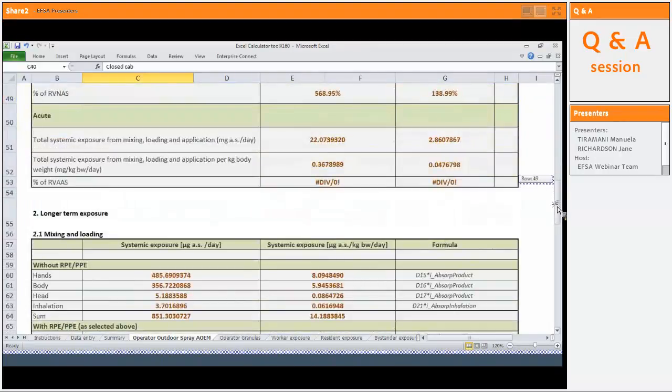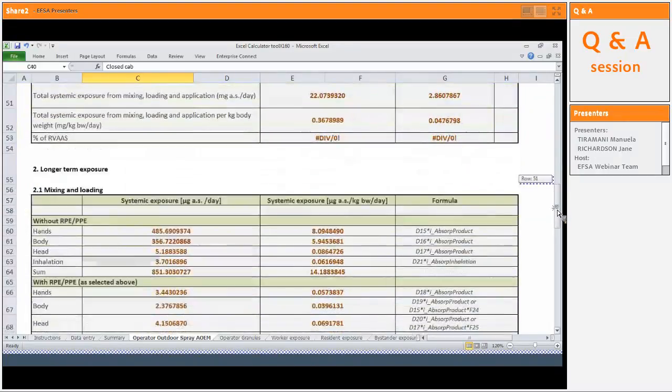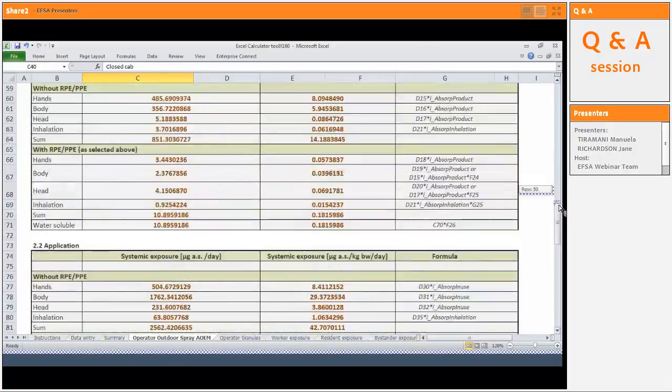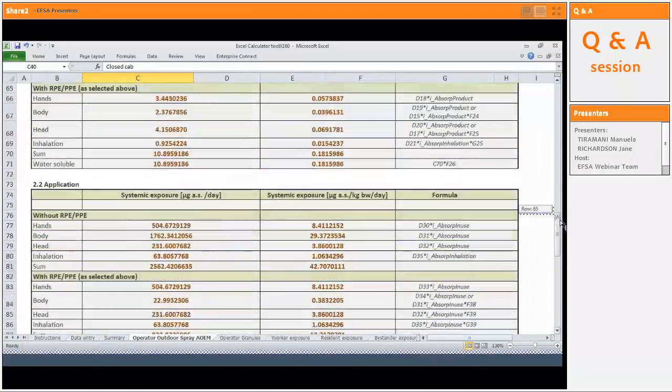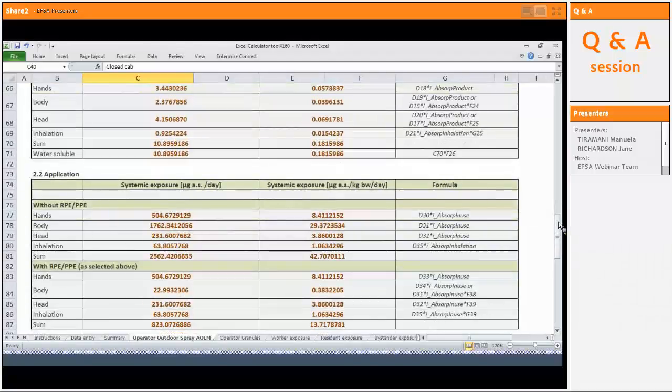And it's useful to look, we can see here that there's quite some exposure to the hands during the mixing and loading, and there is quite some exposure to the hands and body during the application.